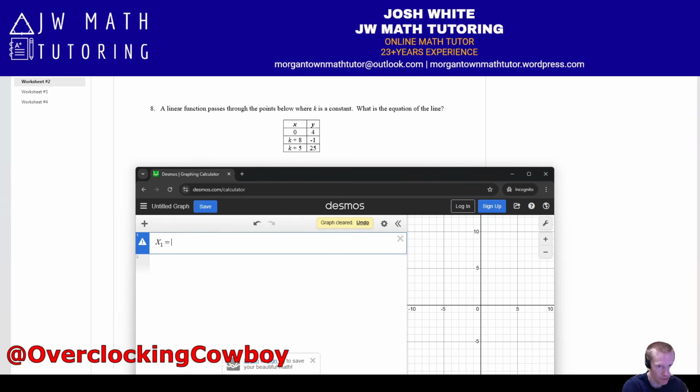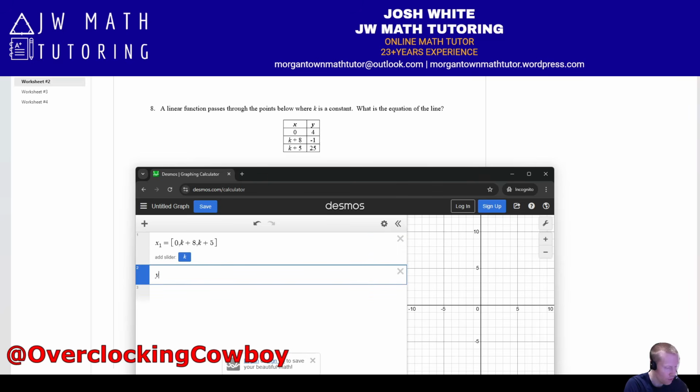define x1 and y1 as a list. And when you do that, what's going to happen is it will actually be able to solve for k. So we define x1 as a list and put all the x-coordinate points. We define y1 as a list. We put all of the y-coordinate points.